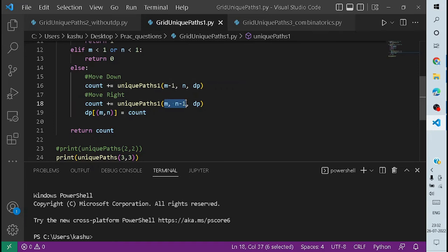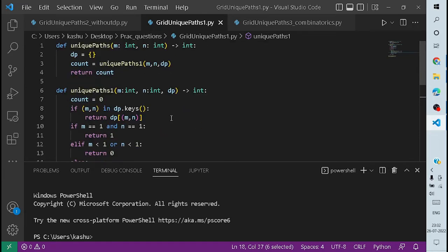So we'll again come back over here and it would be m equal to 1, n equal to 2 and 2 minus 1 would be 1. So m and n would be equal to 1 and this is the condition that would be encountered and we will have a return of 1.